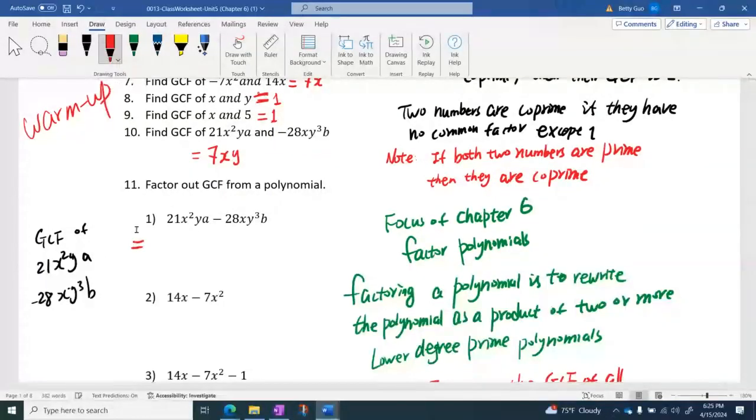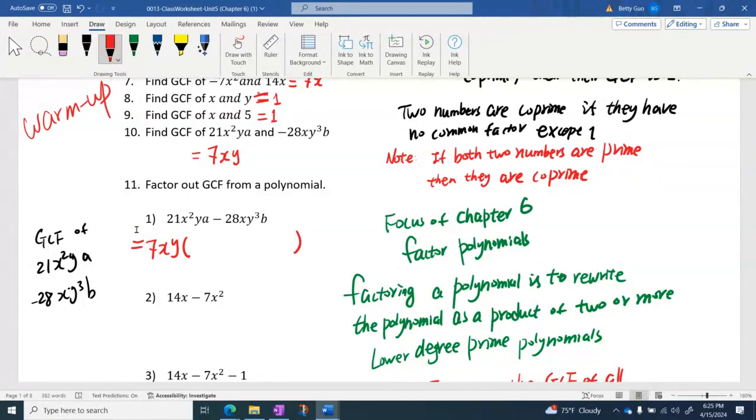Once we identify the GCF of all the terms in the polynomial, we copy the GCF. In this case, it's 7xy. Copy it, and then follow it by a parenthesis.